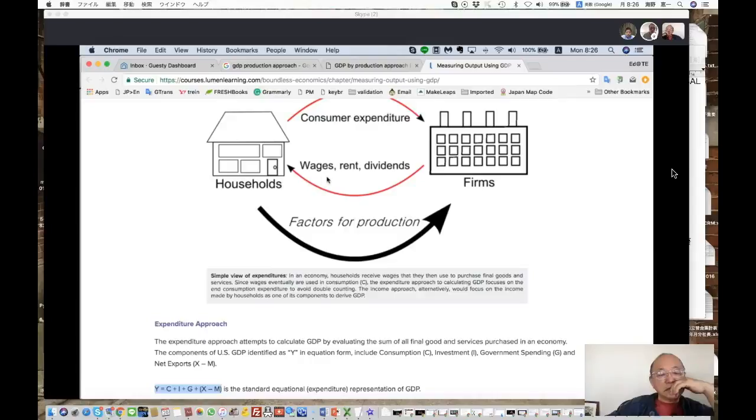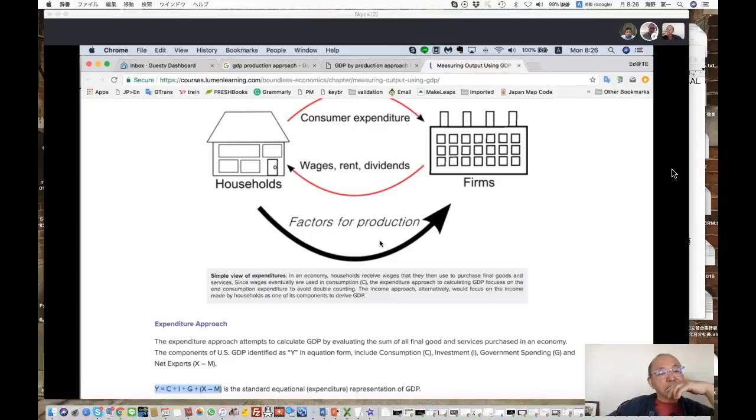Oh, you're talking about the iPhone sales price, but not including wages, rent, dividend? But that's the difference between income and production. Basically, they add up. You measure the same thing both ways, but you don't want to count them double.